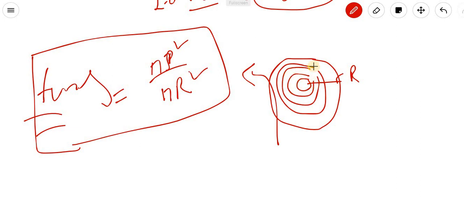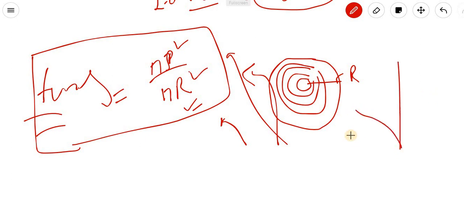So we can consider these as turns, like in a single phase transformer, for the internal flux. So we consider pi rho square by pi r square for internal flux. But for the external flux, the flux line links the conductor one time.